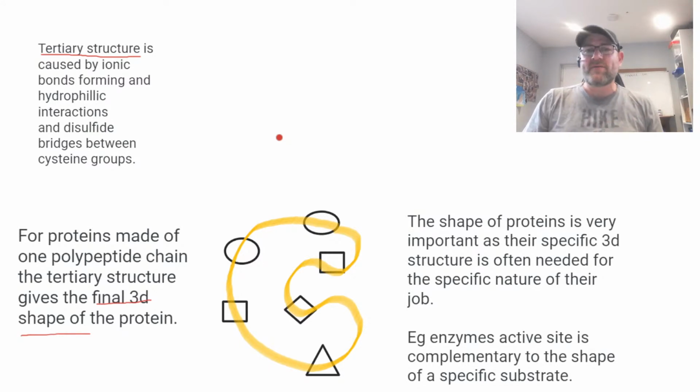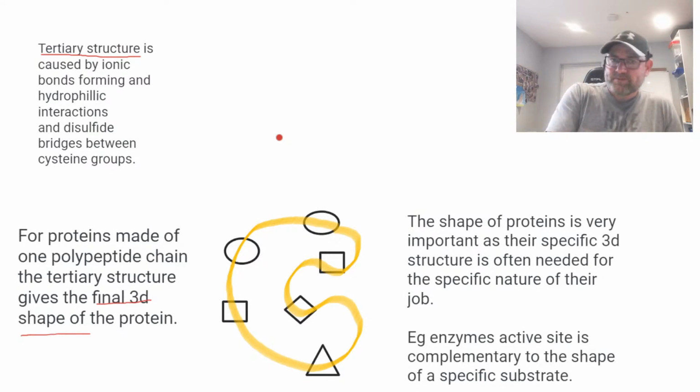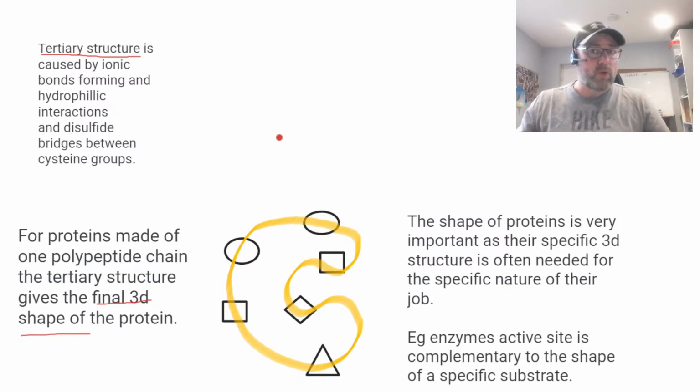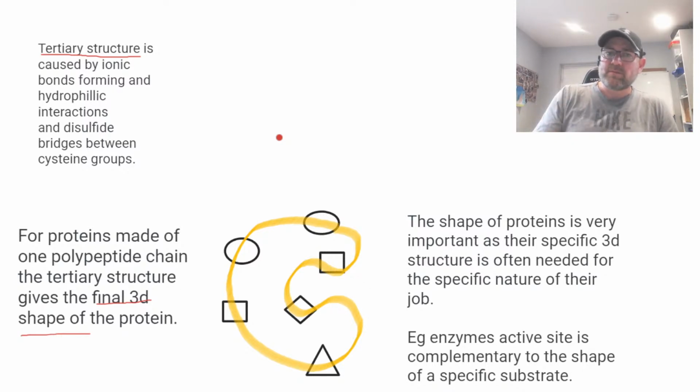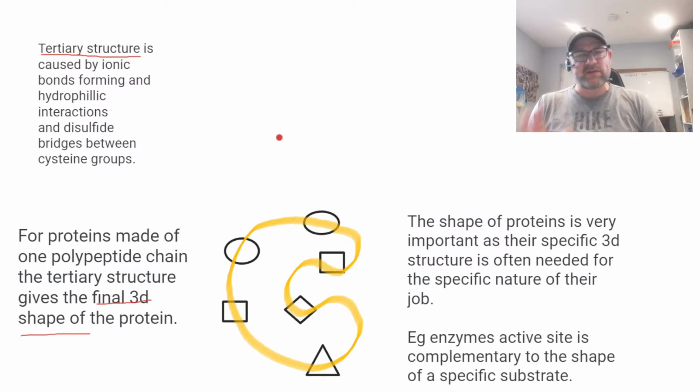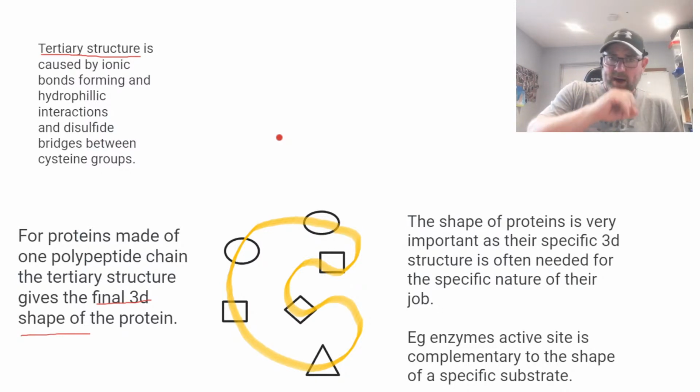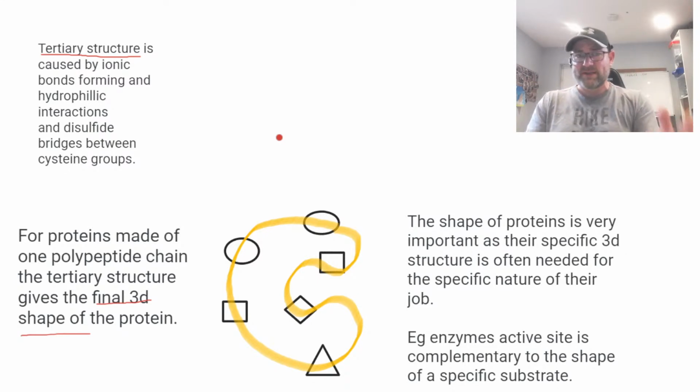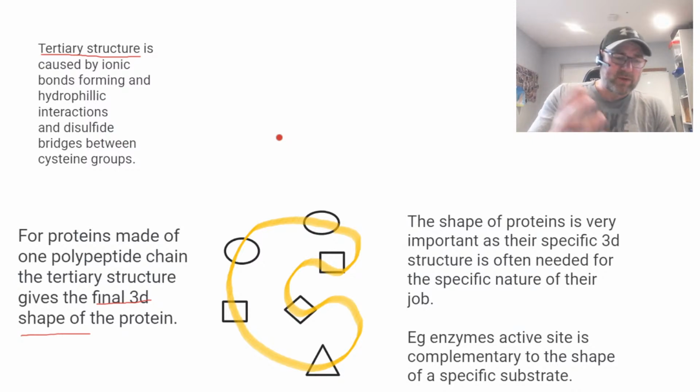So when people have a genetic mutation, which we get all the time, most of them are pretty harmless because the change of one amino acid might not change the whole structure. But if you do have a genetic mutation, say, that means you can't produce an enzyme for something, then that could be deadly, or it could give you an inherited disease.